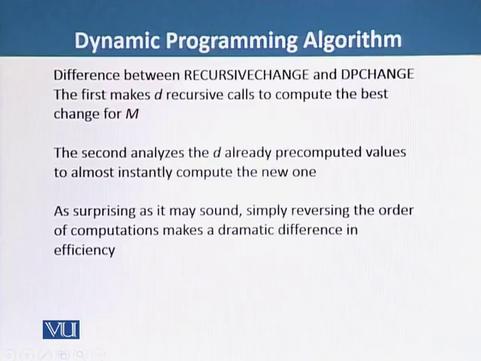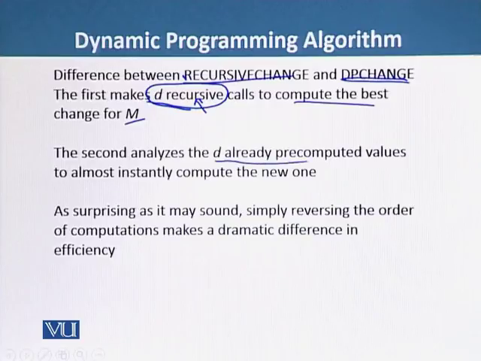So we can see here the main differences between the recursive change and the dynamic change. The recursive change recursively calls d again and again, and then computes the best change for m. When it is calling d again and again, it will take a lot of time. But in the case of dynamic programming change, it analyzes the already pre-computed d.